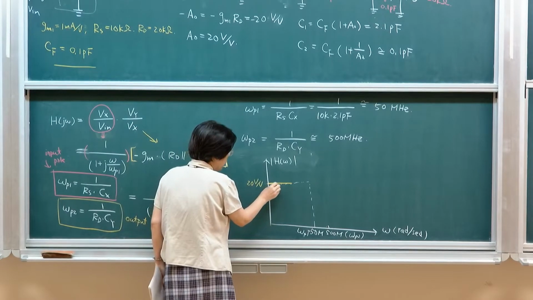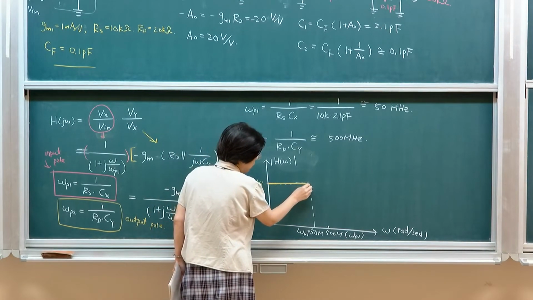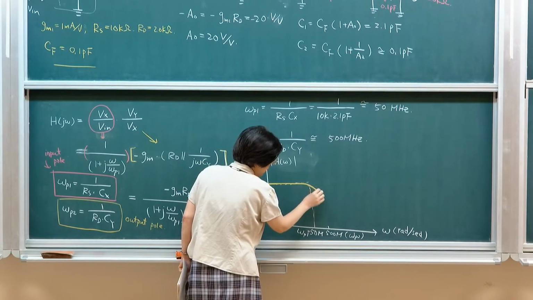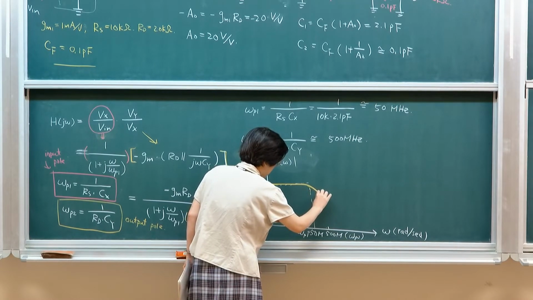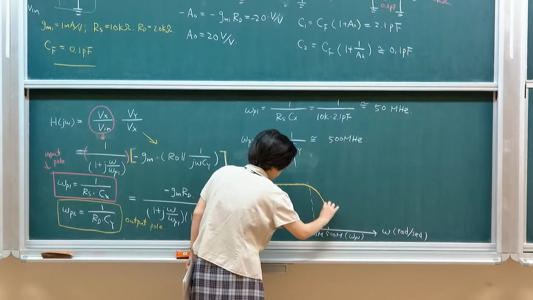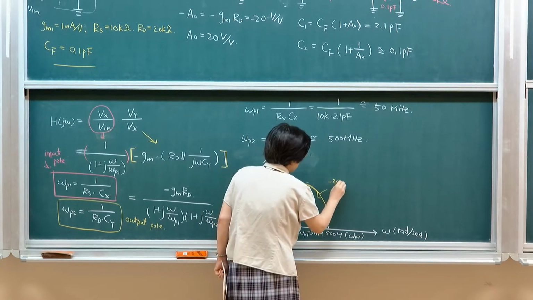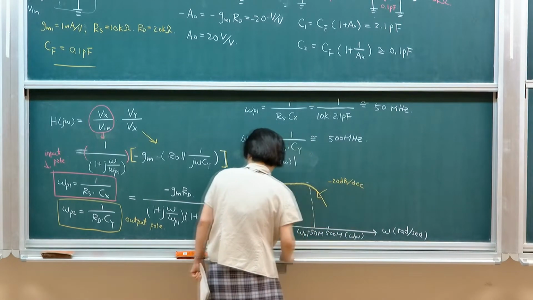But this is the gain, and then it will start to drop once it hits this. It drops at a rate where the slope here is minus 20 dB per decade.